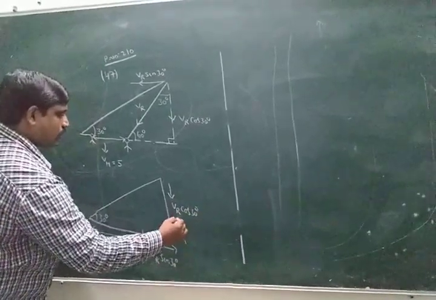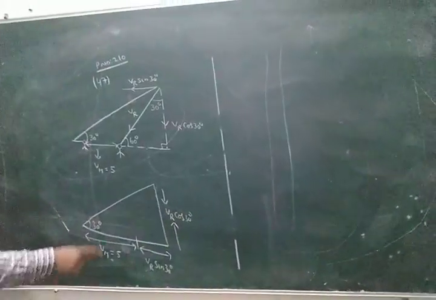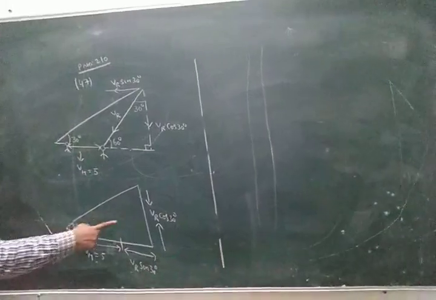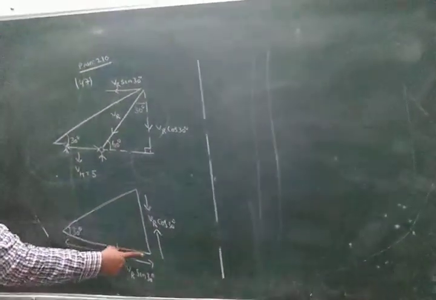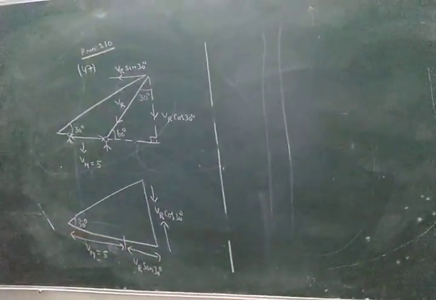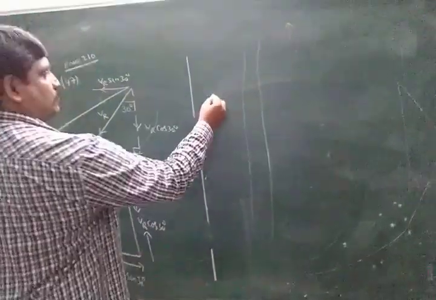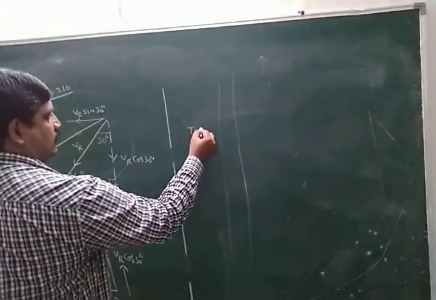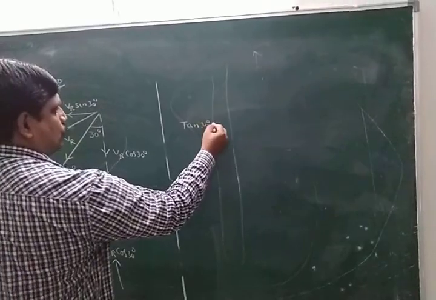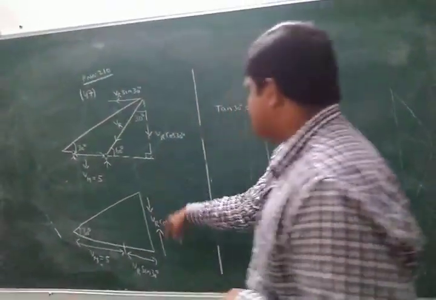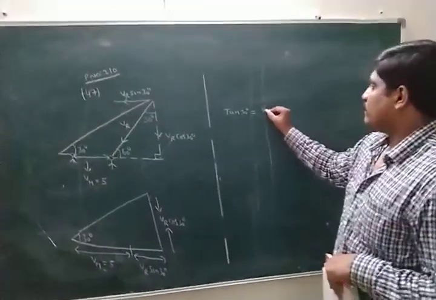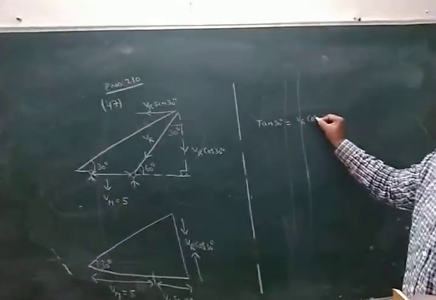Now, according to the diagram, this is theta. This side is opposite, this side is adjacent. What is opposite by adjacent? Tan. Tan 30 equals, what is the opposite side? VR cos 30.